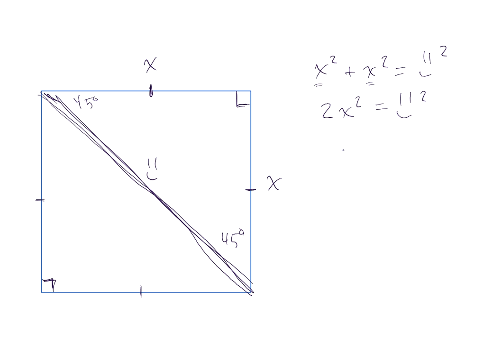If I take the square root of both sides, I get the square root of 2x squared. It's the principal root that Smiley is. And if I simplify that, because x squared is a perfect square, I get x times the square root of 2. So my hypotenuse here is equal to x times the square root of 2.